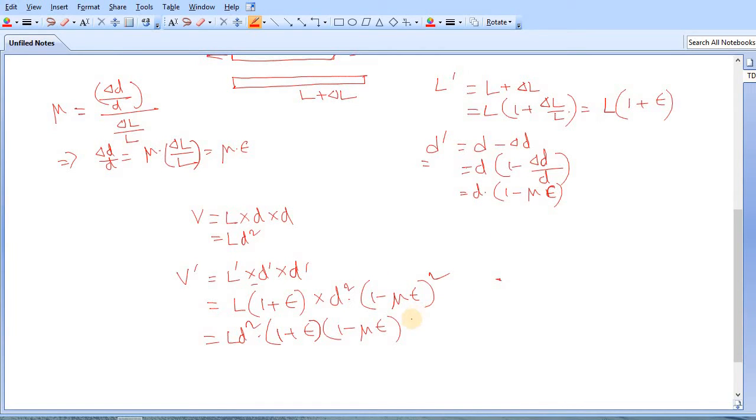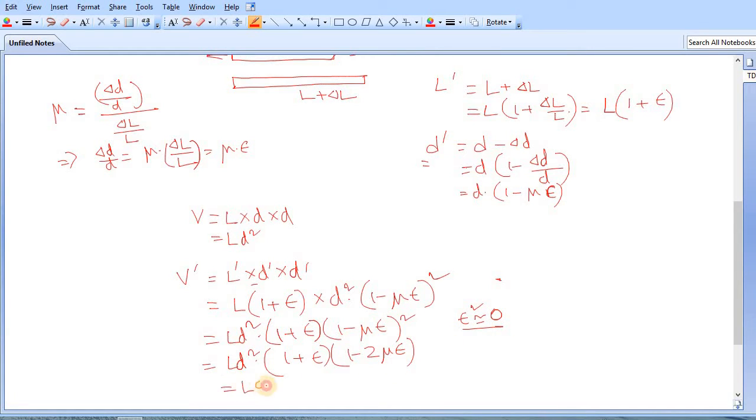If you simplify this, it will look like L d square (1 plus epsilon) into (1 minus 2 mu epsilon). Ignore the higher power because your epsilon is very small. That's why we ignore the higher power.